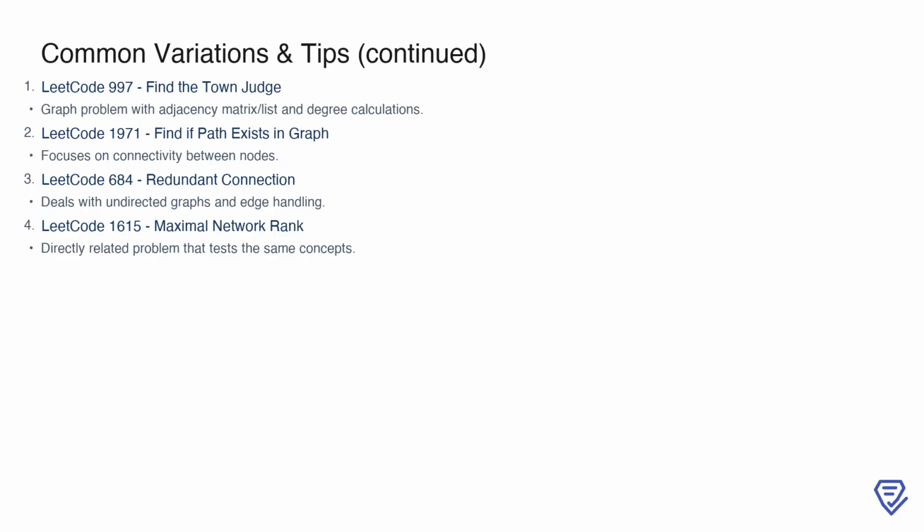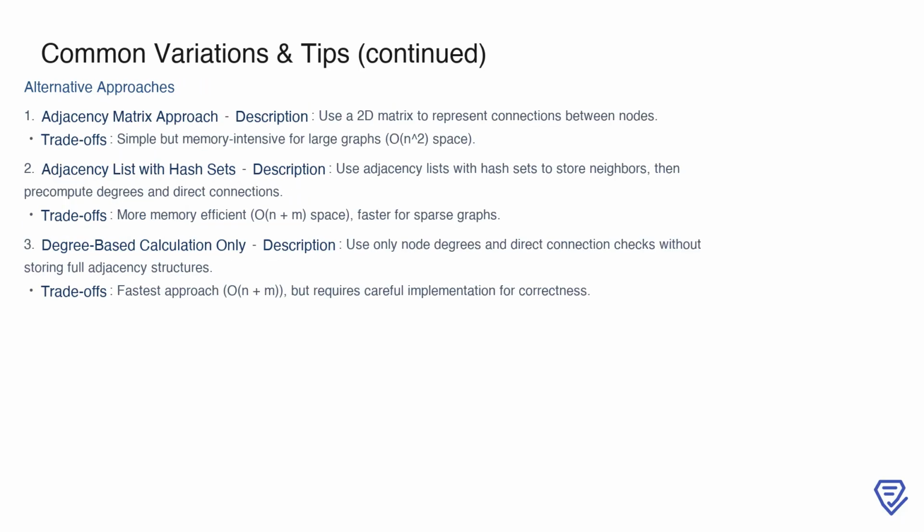LeetCode 684, Redundant Connection, also deals with undirected graphs and involves edge handling, which is directly relevant. And of course, LeetCode 1615, Maximal Network Rank, ties all these concepts together, making it an excellent capstone problem for practicing graph-related algorithms.